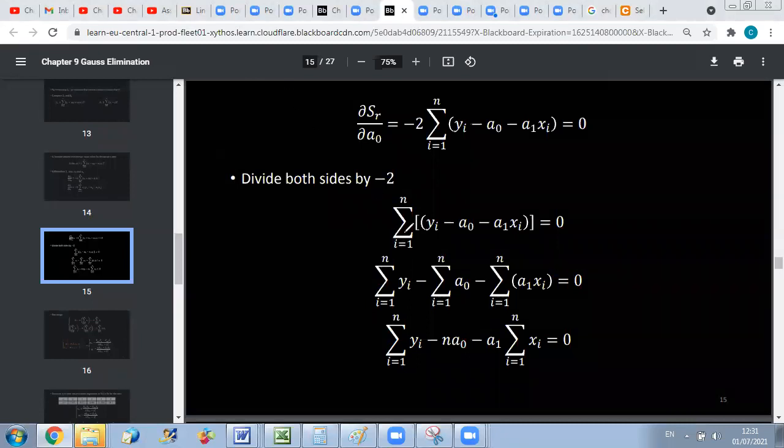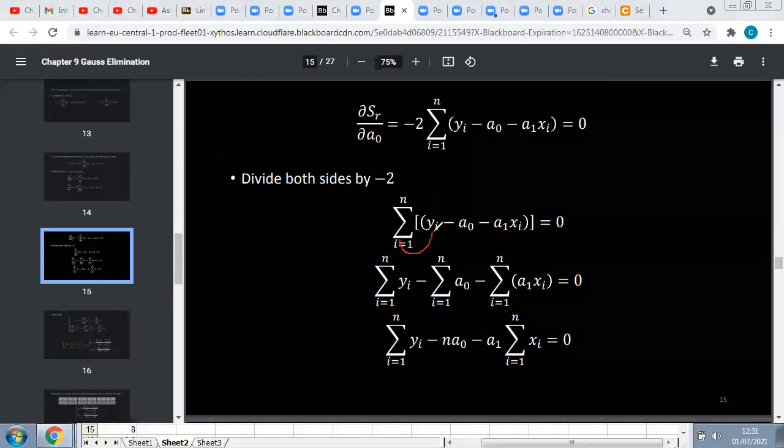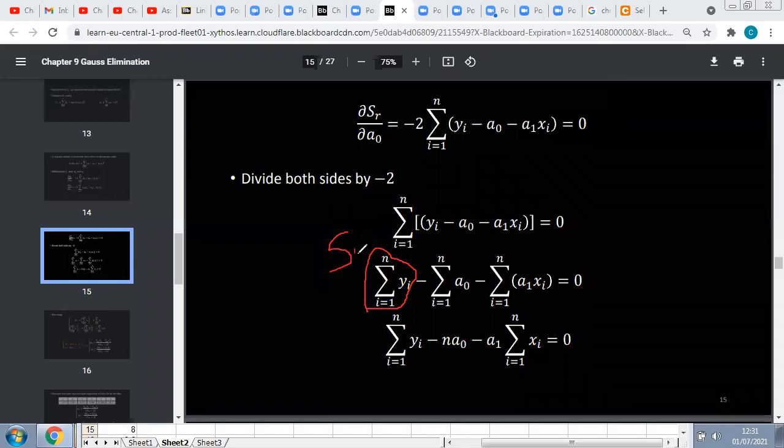All I have to do is to divide the summation. So I say that this term is equal to summation from 1 to n of yi minus summation from 1 to n of A0 minus summation from 1 to n of A1 xi. And now I will analyze my terms. First, since xi, yi are all given, this term can be calculated from the data I have. Sum from 1 to n of yi. All I have to do is to sum all y. And then I can call this term sy, okay, which can be calculated from the given data.